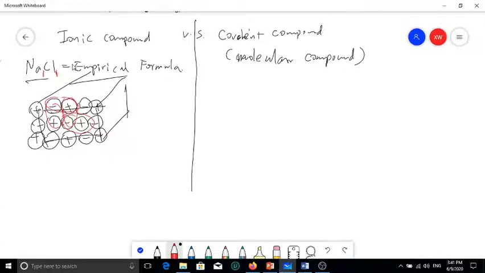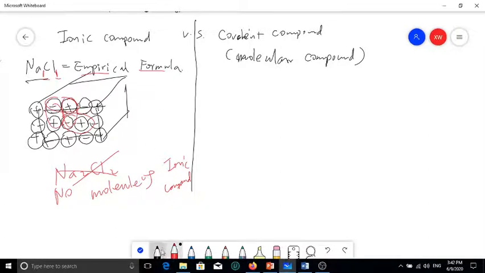So in other words, the formula of an ionic compound reflects only the ratio between the cation and anion, which of course is the simplest ratio. So you will never see anything like this. It does not exist. So for ionic compounds, the empirical formula is always the same as the actual formula. Also keep this in mind: you have no actual molecule of ionic compounds. It's just a bunch of cations and anions stuck together.